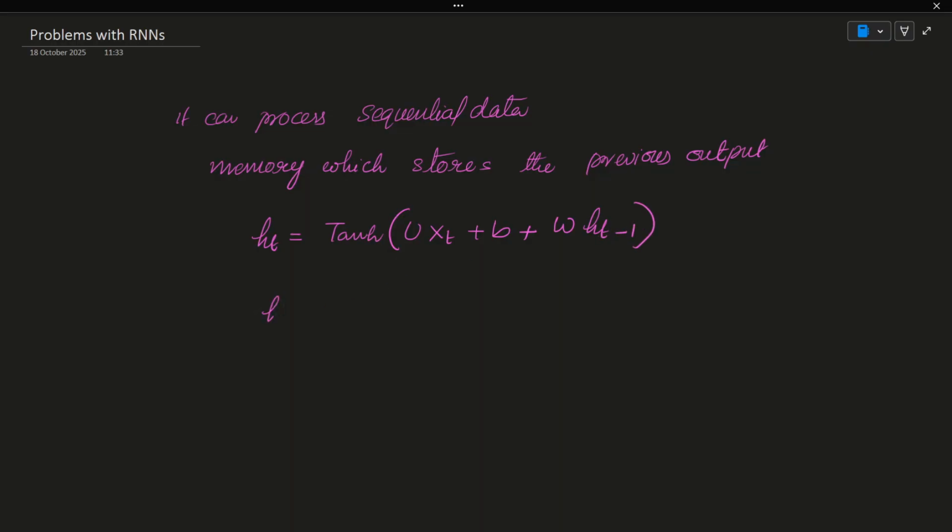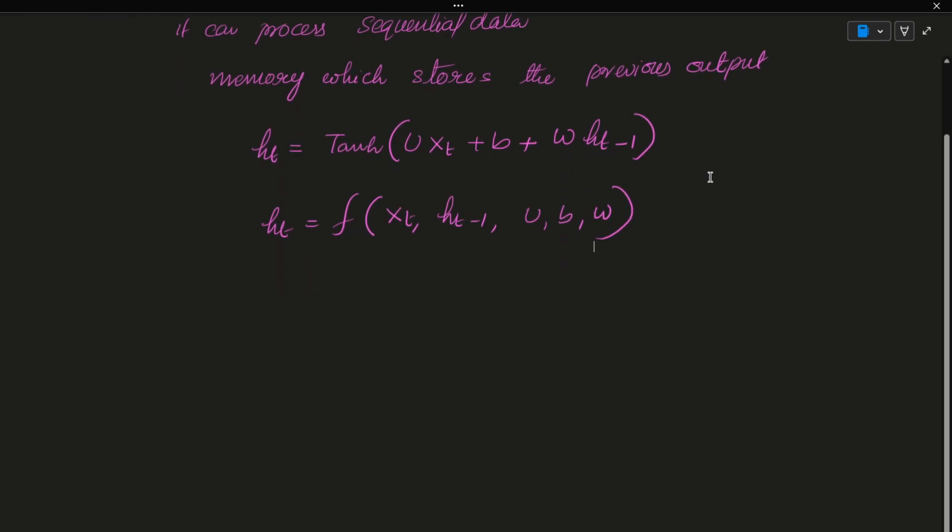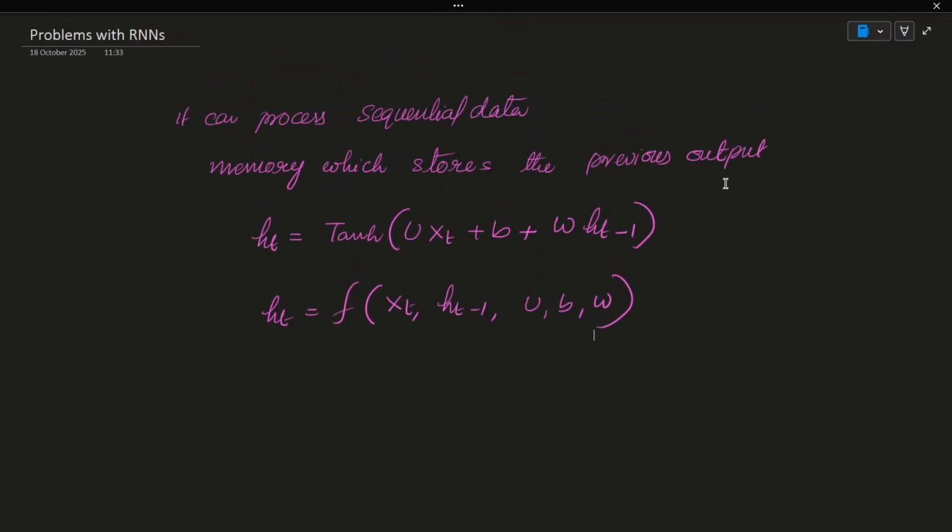That means your ht is dependent on your present input as well as the previous output. Of course, the remaining things are there. So it is maintaining a memory to remember the previous things.